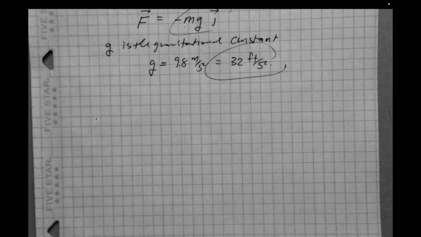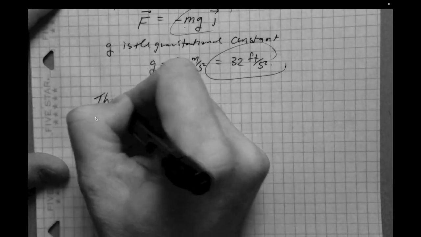Okay, so without going too much into the physics of it, we do know, of course, by Newton's second law of motion, that this same force of gravity produces an acceleration.